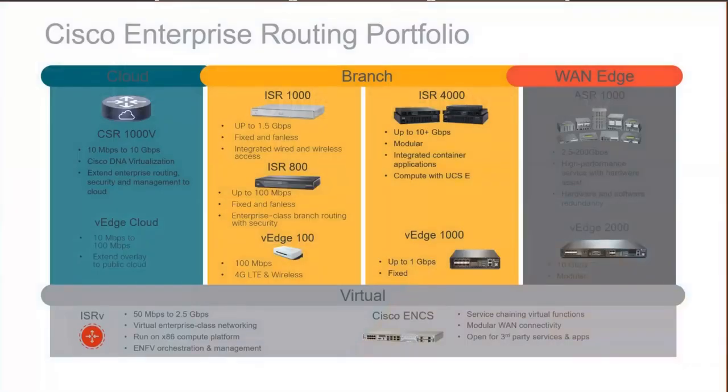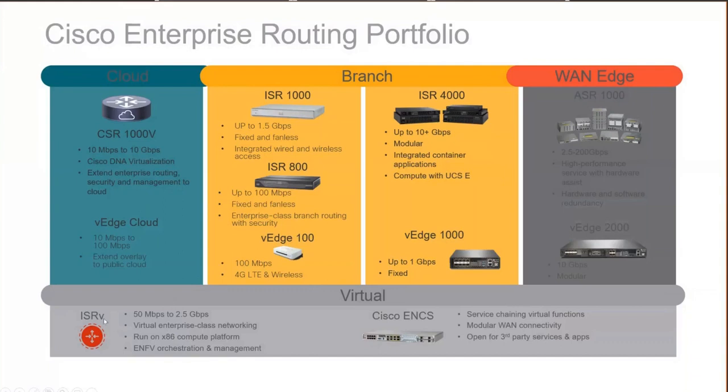So ISR 4K devices, they are what we call branch routers. The ASR 1K, which provides higher throughput, is a WAN edge router, but these are branch routers which have comparatively lesser throughput. Again we have cloud routers as well, which we handle, CSR 1000V. It's a virtualized platform, so that can be hosted on the cloud.